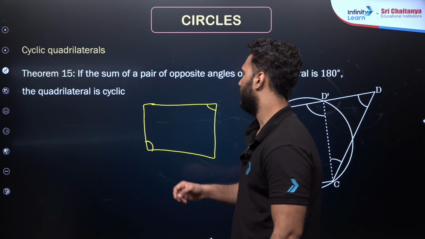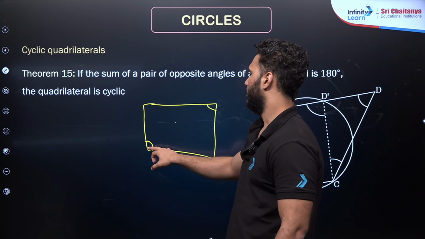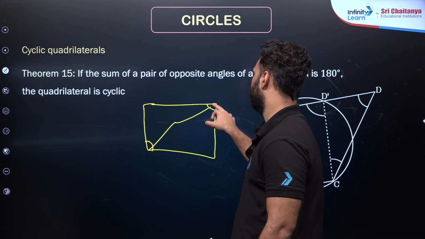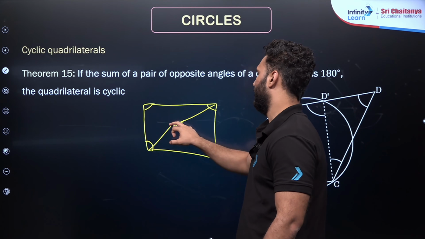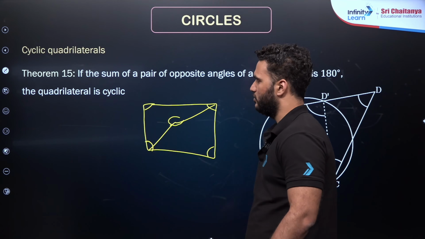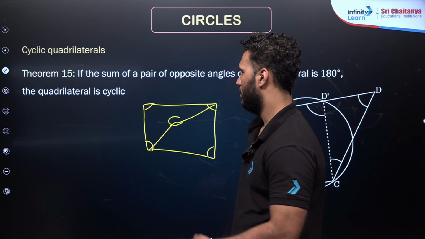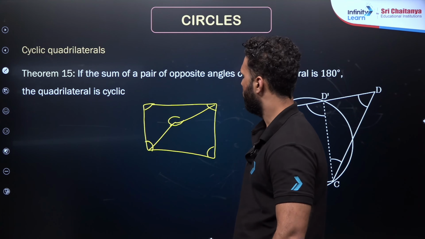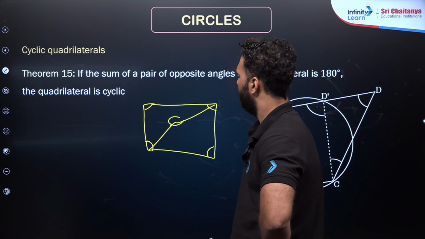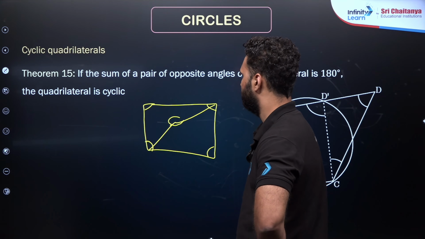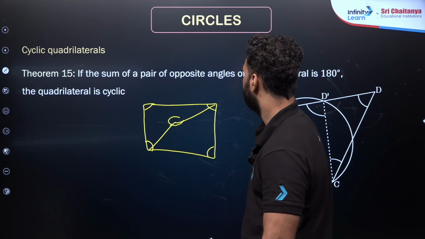You can easily do it: take any point here and connect it such that this angle is twice of this and this angle is twice of this. Using this you can prove the property, or any other way. I think that's enough.